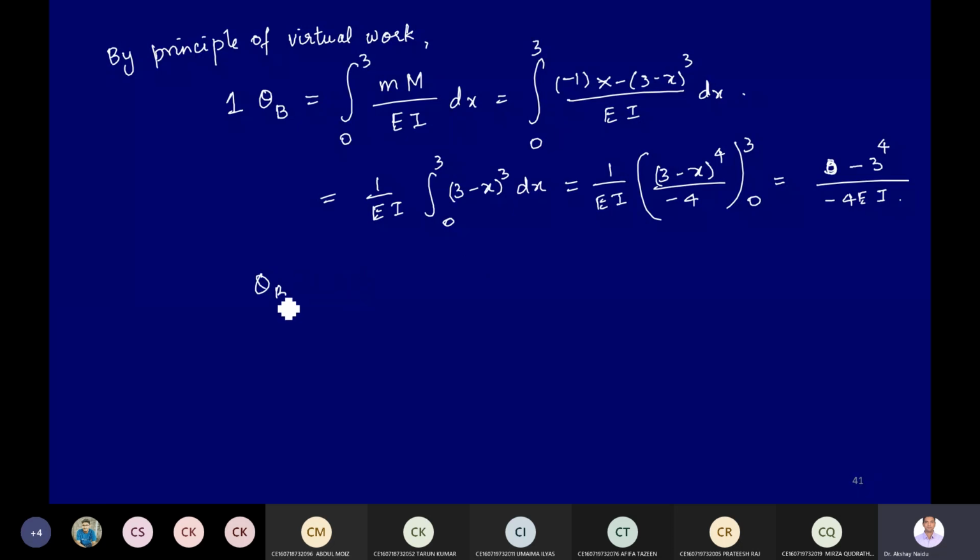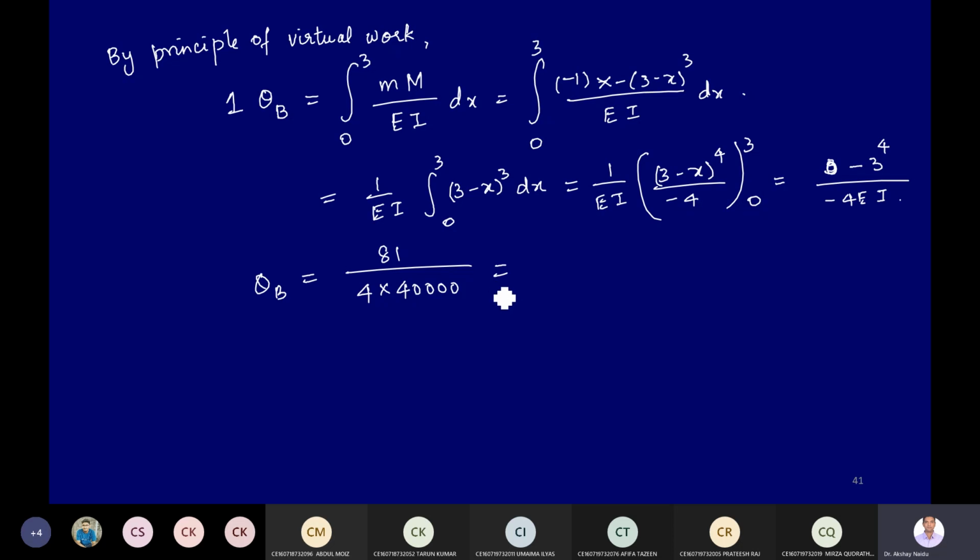So theta B is 81 upon 4 times 40,000. Because all things are in kilonewton meter, and this is also in kilonewton meter square, everything is consistent.